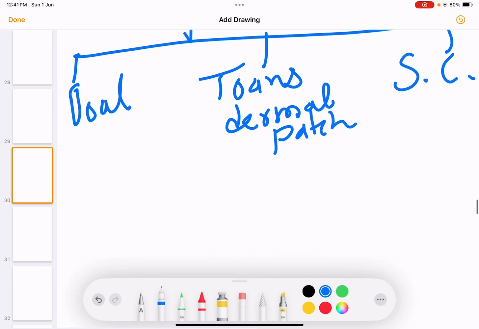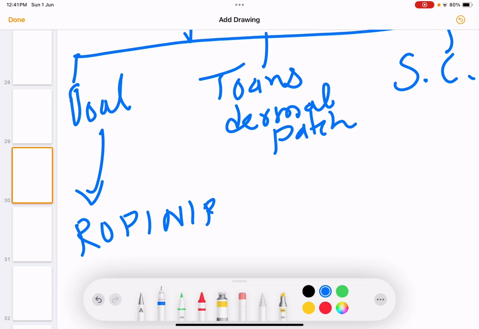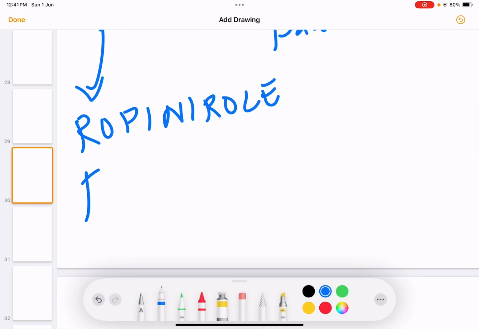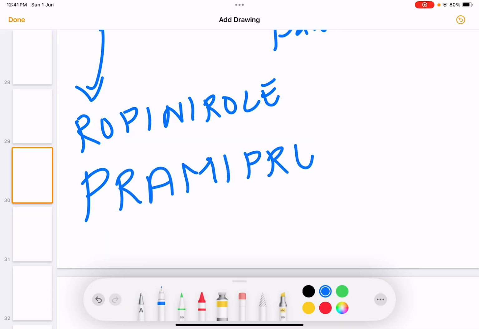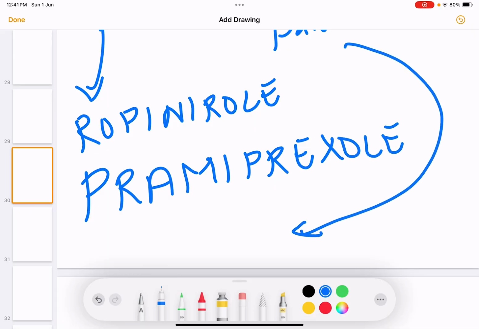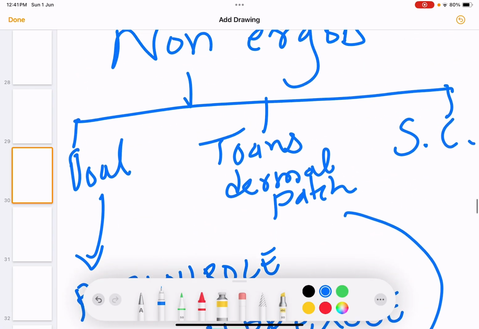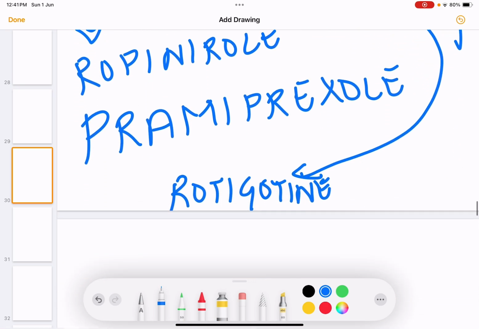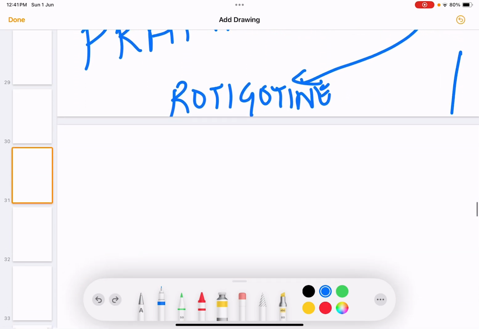In oral drugs, we have ropinirole and pramipexole. In transdermal patch, we have rotigotine. And in subcutaneous injection, we have apomorphine.